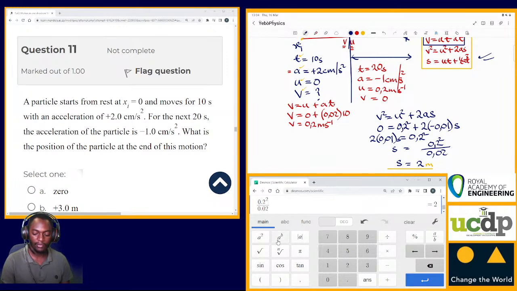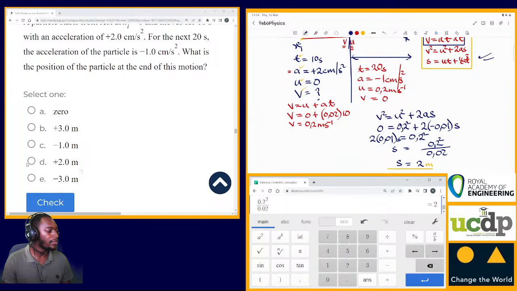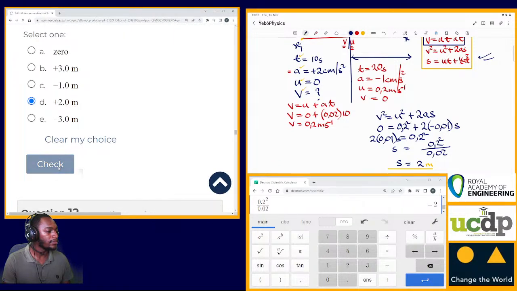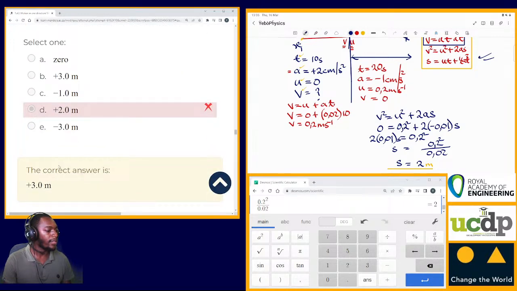Let's just check if what we have here is right. All right, it says the correct answer is 3 meters. Something is not right. What could be the reason?